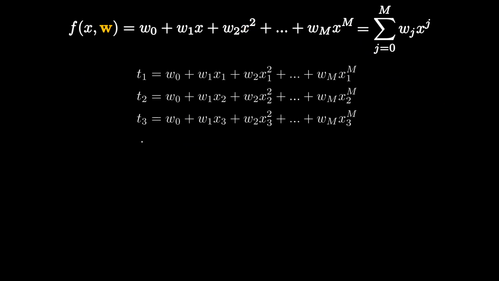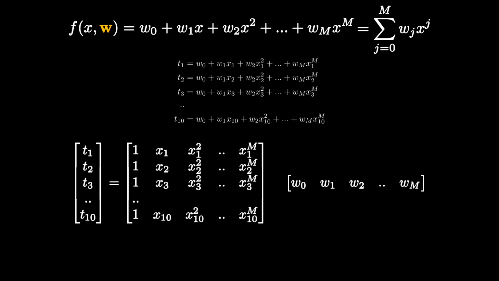For our problem of 10 samples, this model of ours would translate into 10 equations, or a system of equations, as shown here. First thing we want to note in this formulation is that the values of the weights, that is from W0 to Wm, are the same in all equations.